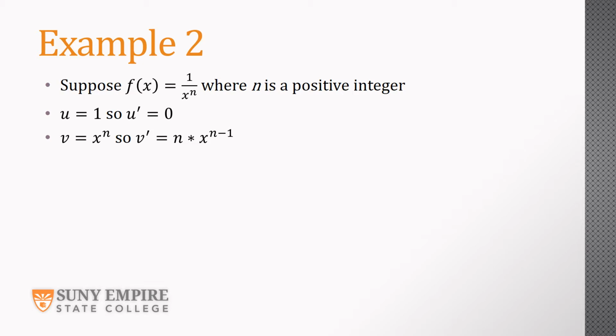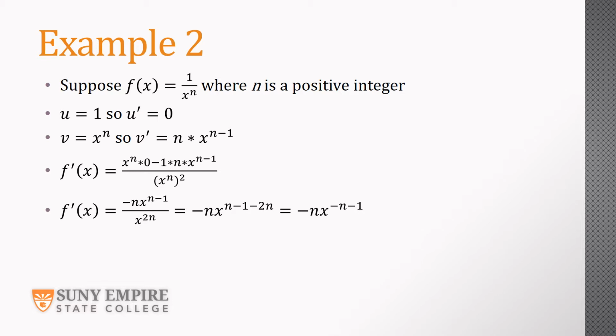V prime is n multiplied by x raised to the power of n minus 1. Plugging into our formula, we have the quantity x raised to the nth multiplied by 0 minus 1 multiplied by n times x raised to the power n minus 1, divided by x raised to the nth power squared.